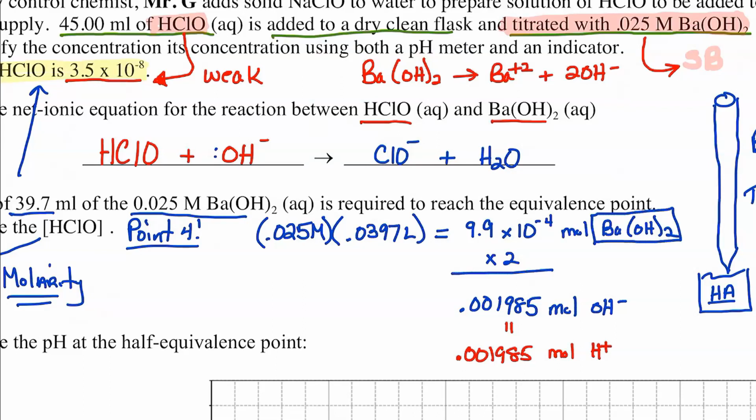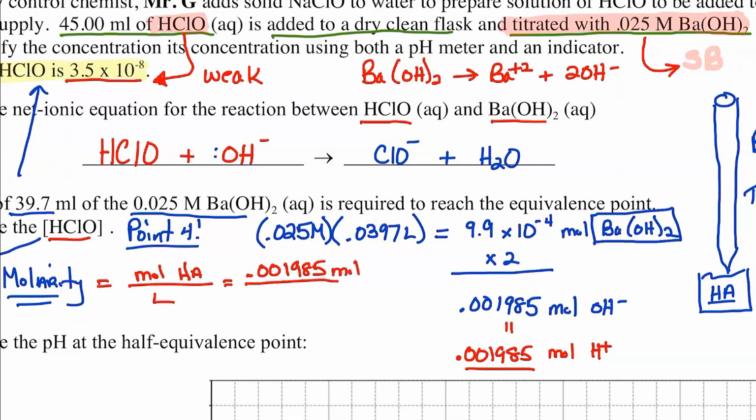What are we trying to find? Oh, we're trying to find the concentration, the molarity. What's molarity? Moles of the acid, that's the HA, over the liter of its concentration. Well, we just found that right here. So we're going to do 0.001985 moles over the liters.